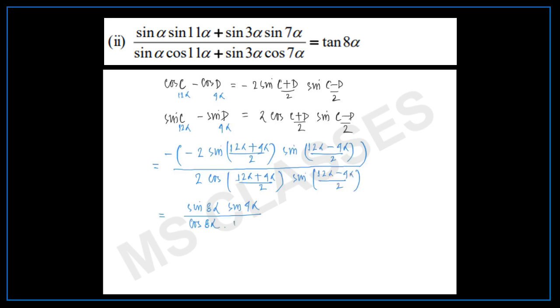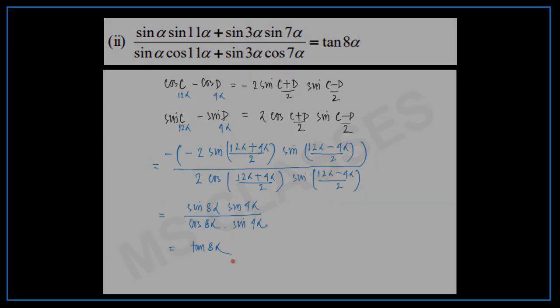So sin 4 alpha cancels, and this gives us tan 8 alpha, which is the RHS.